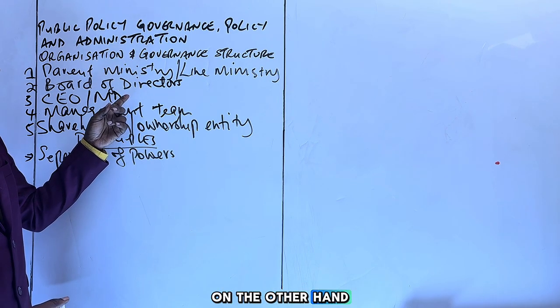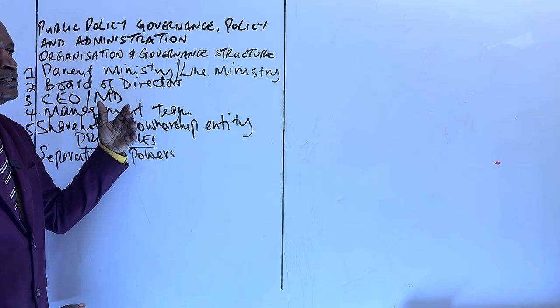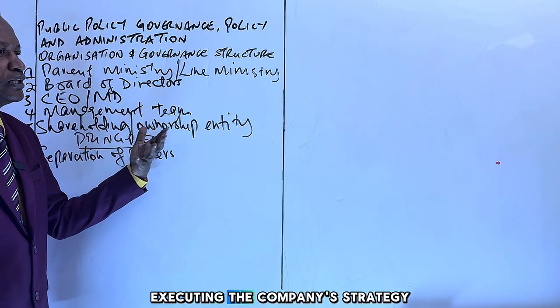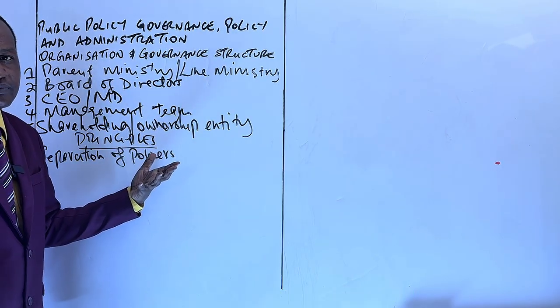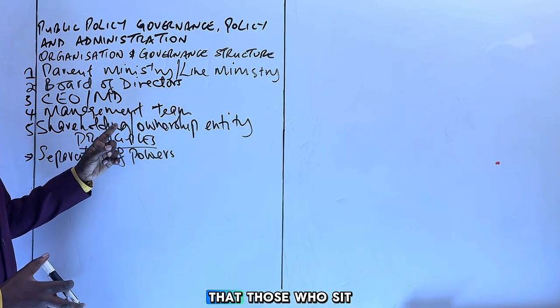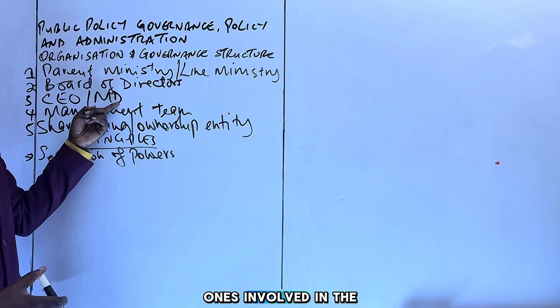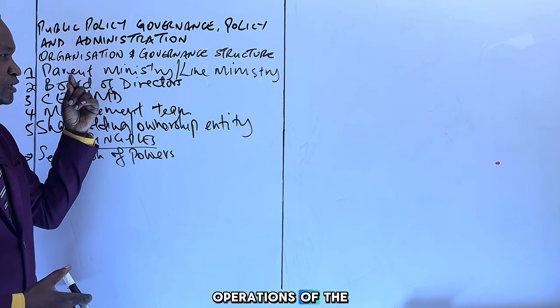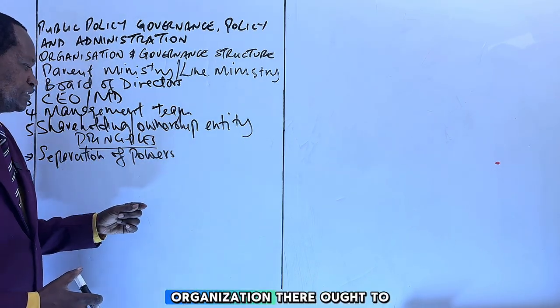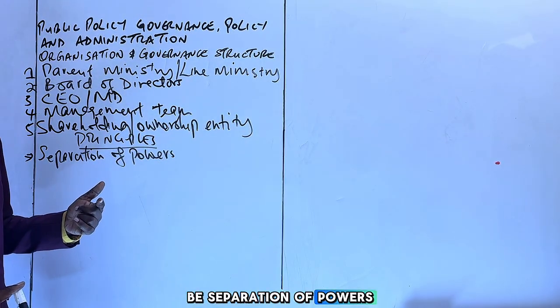On the other hand, the CEO and the management team are the ones that are responsible for executing the company's strategy. There has to be a distinction. That is to mean that those who sit on the board should not be the ones involved in the day-to-day operations of the organization. There ought to be separation of powers.